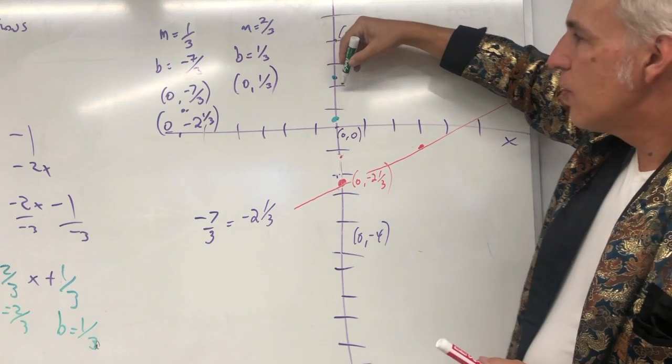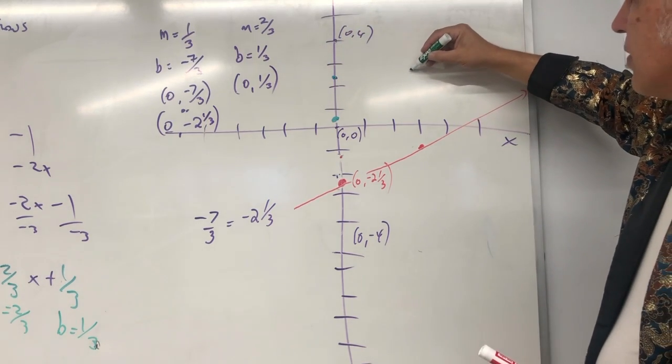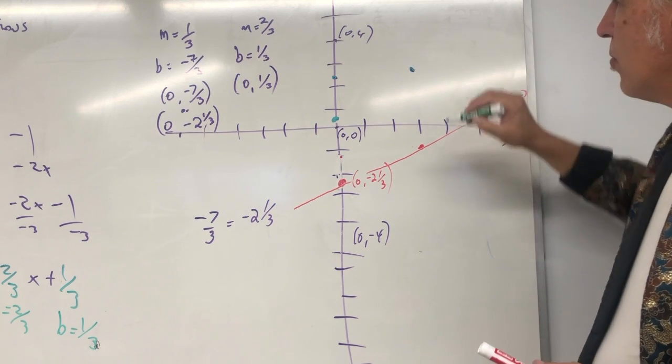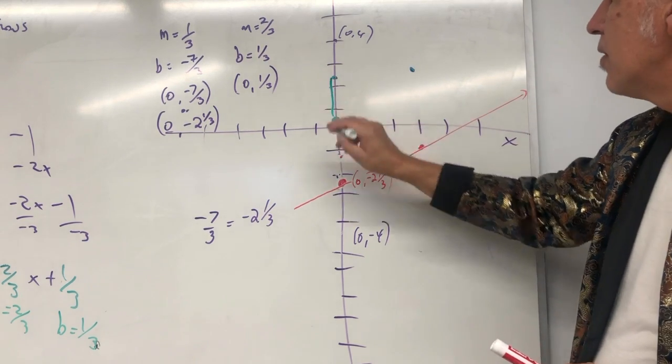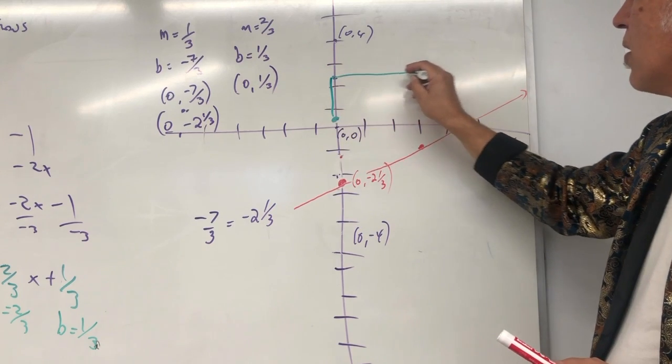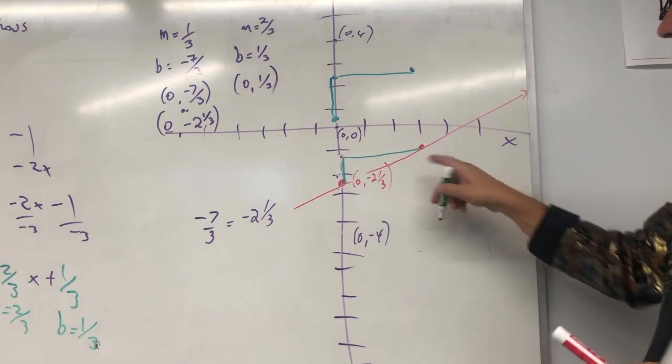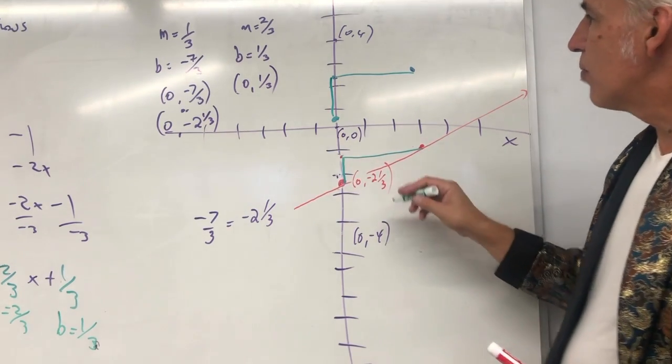And then over 3 again, and we get this point here. So we have a rise of 2, a run of 3. Similarly, we had a rise of 1 there, and we create these triangles to show rise over run.